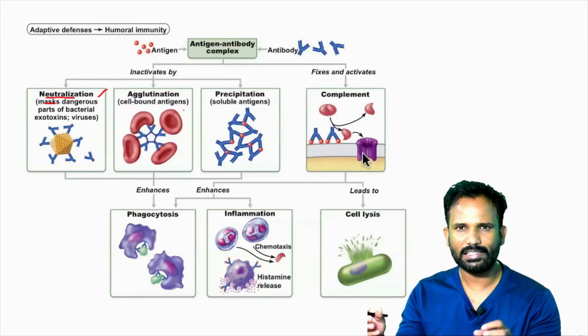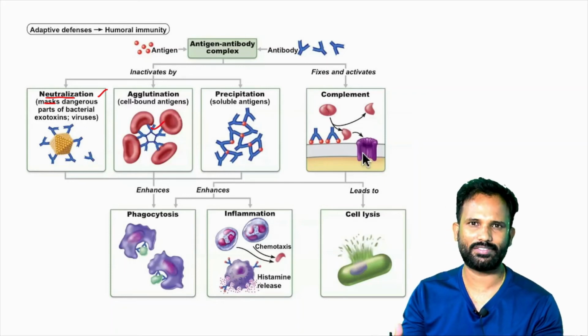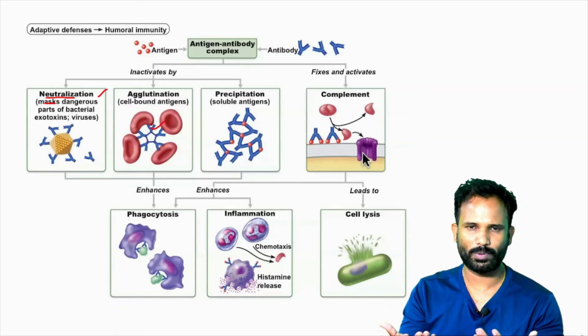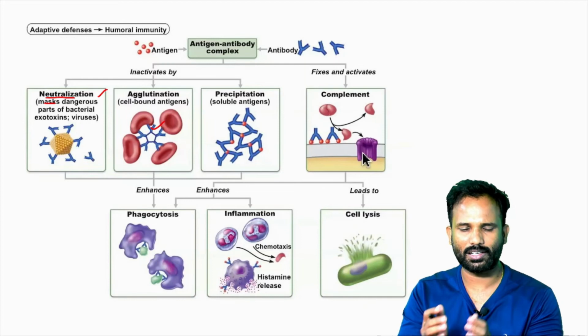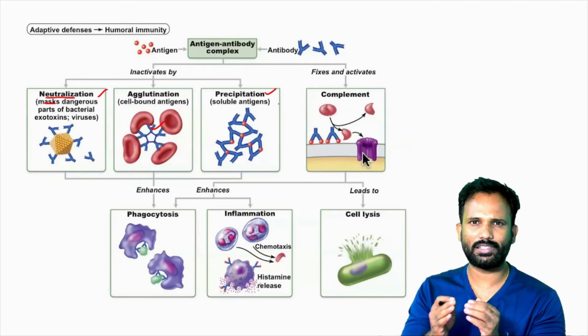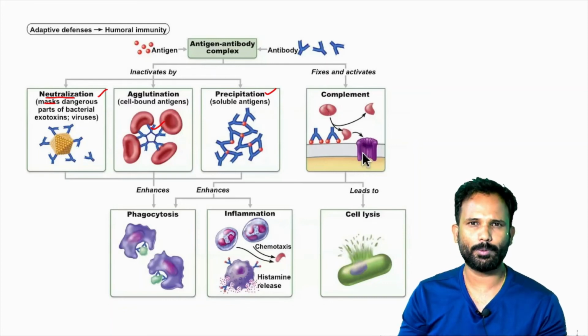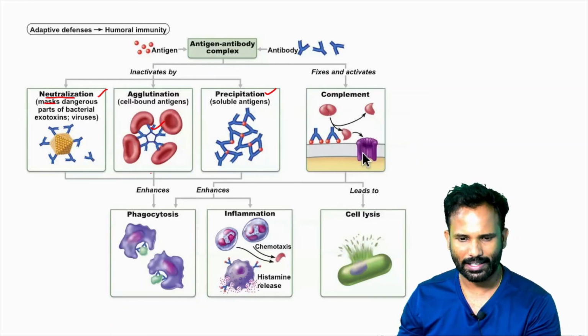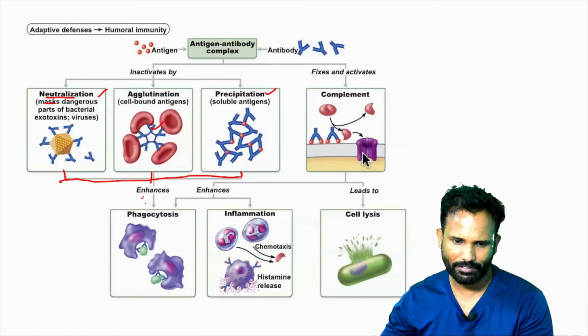The cells are clumped together by antibodies, like RBCs. Whenever antibodies of another blood group are there, they will attack the antigen, and the RBCs are clumped. This is called agglutination. And precipitation: if there are smaller or soluble antigens, they will be precipitated. Agglutination, neutralization and precipitation all favor phagocytosis.